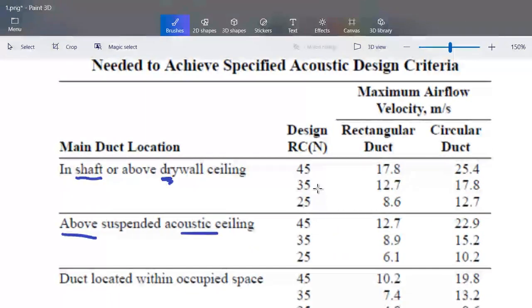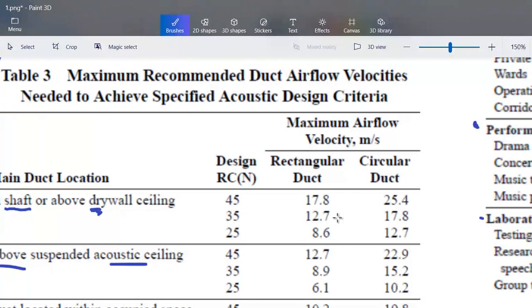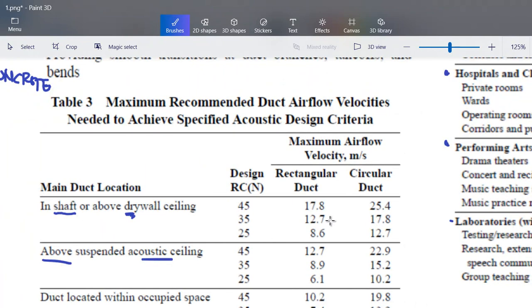So we choose the 35. We see the rectangular criteria, the rectangular duct: you have 12.7. Then the circular duct is 70.8. Notice we have the maximum velocity, which is 12.7.